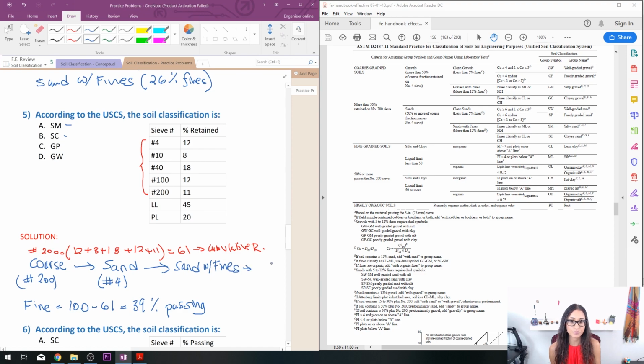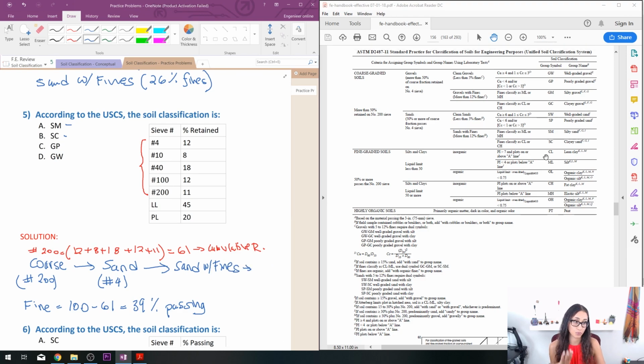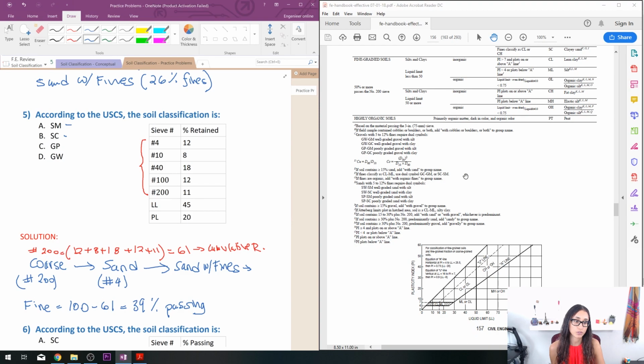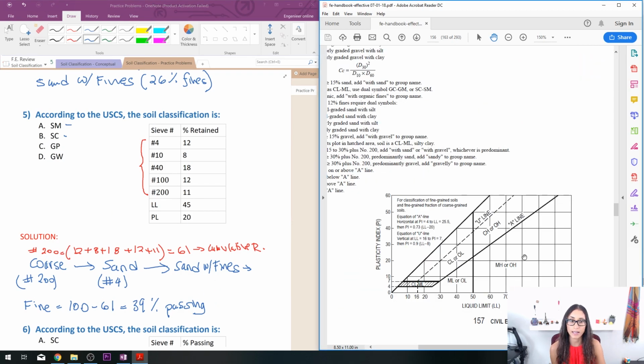As before, to determine if it's going to be silt or clay, we need to look at the chart. Here I need to find my liquid limit and my plasticity index, PI, which is equal to liquid limit minus plastic limit, which equals 25.